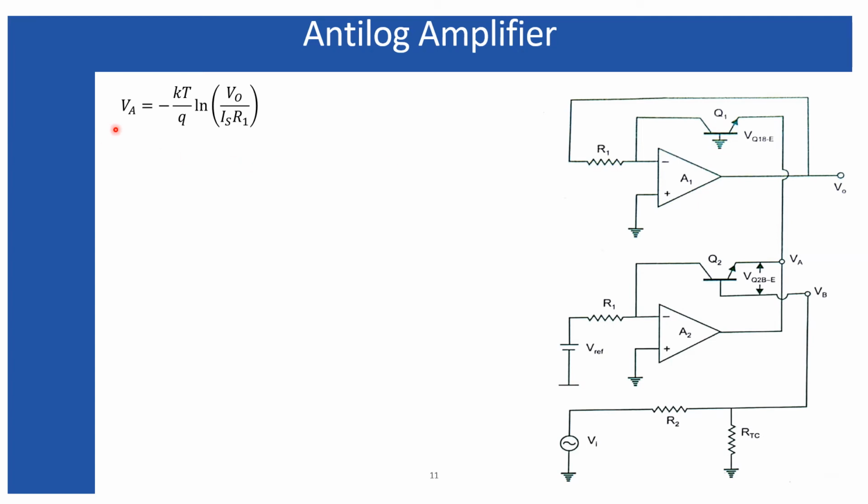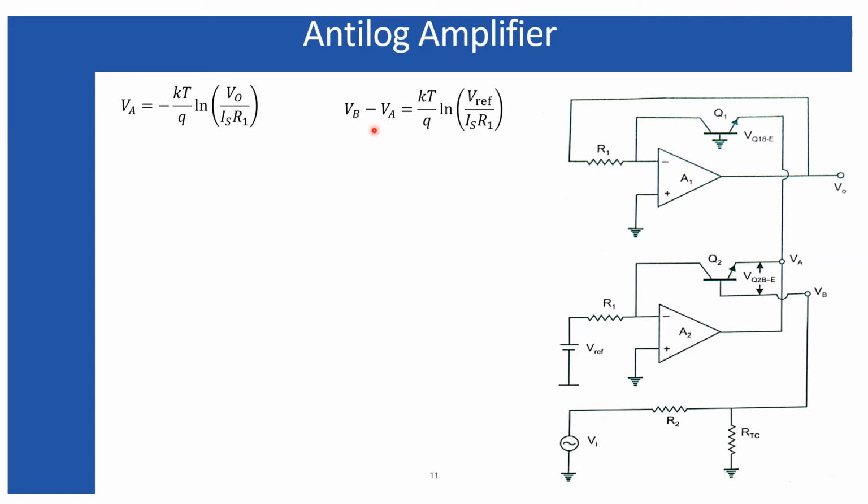So we can easily obtain Va as I obtained in my previous slide. Look at here, in the last case Va was related to the input voltage, but here Va is related to the output voltage because the input of this operational amplifier A1 is connected to the output voltage. That is why the output voltage is appearing over here.